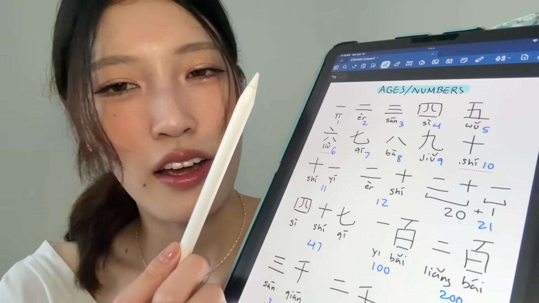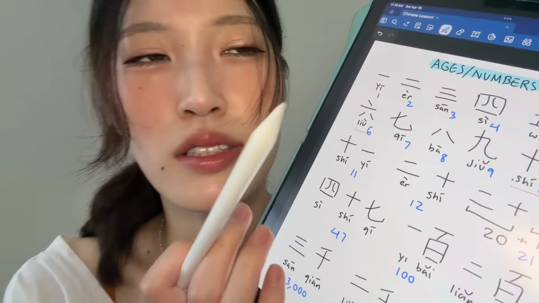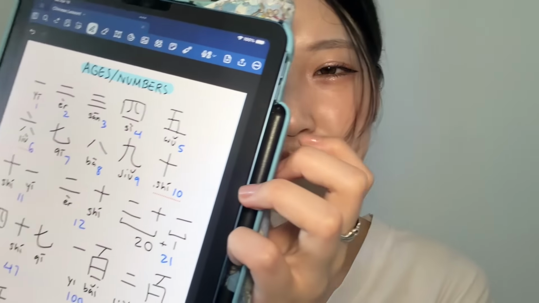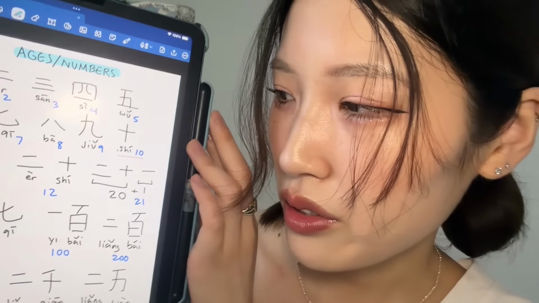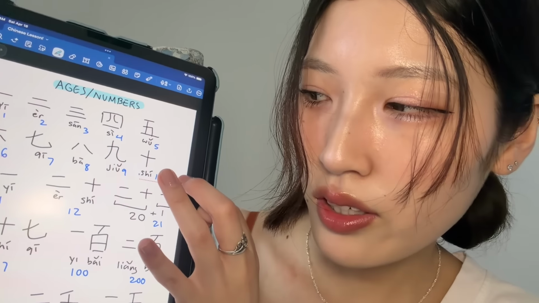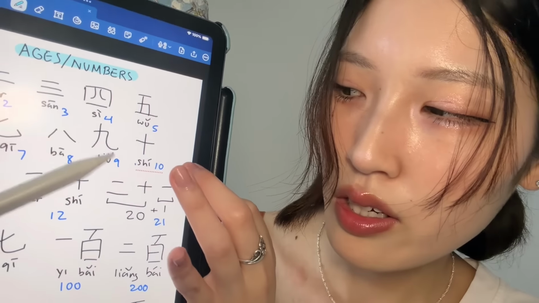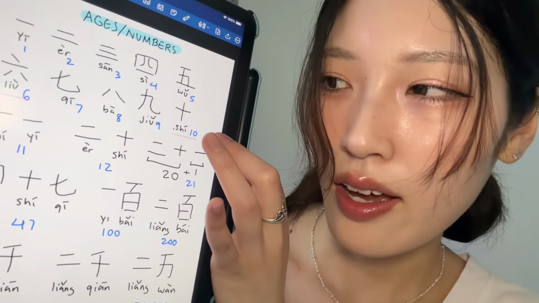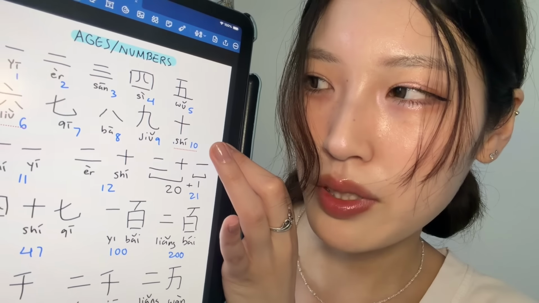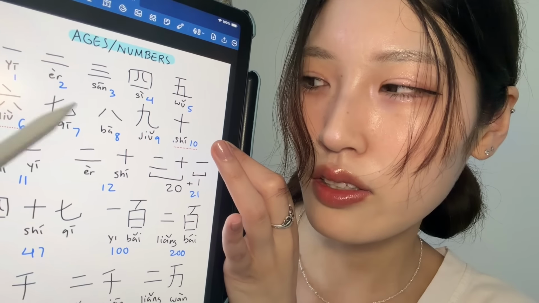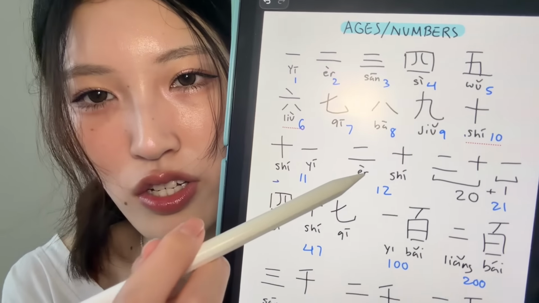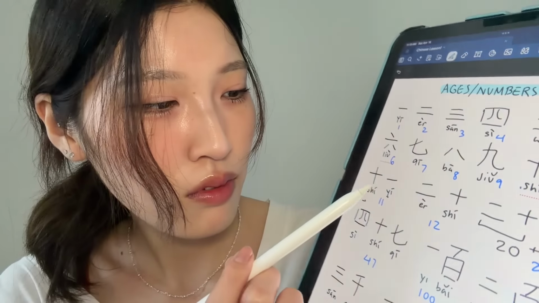Okay. Alright, now this is where it gets a little bit trickier. So if we want to say 11, you will just take 10 and then add the number on the end. So 11 would be 10, 1, and then 20 for 20.